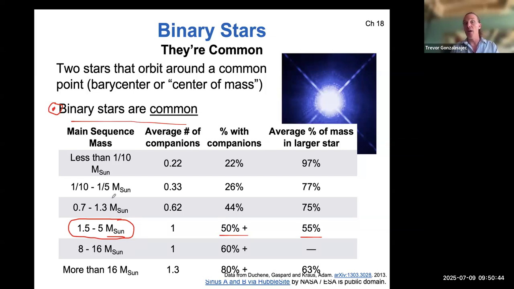There are lots of cases where really small stars tend to actually pair up with really big stars. So there is a really common case of small stars, ones that are less than 1/10 of the mass of the sun, pairing up with another star that makes up 97% of the matter. So that means the small star is only 3%, the big one is 97%.